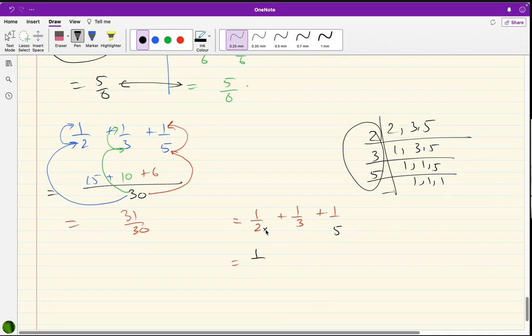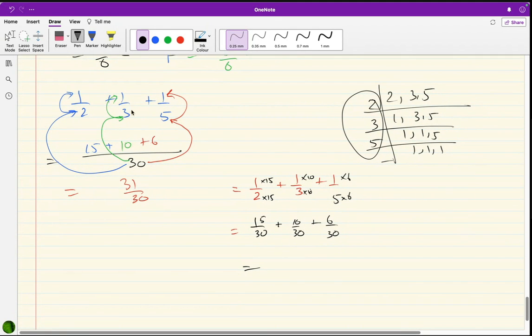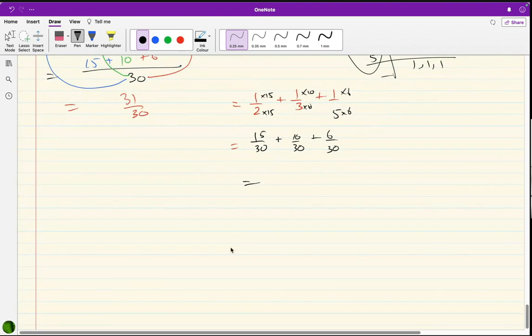So I'll be multiplying this with 15, this with 10, this with 6. That is 15 by 30, 10 by 30, and 6 by 30. So it's always easy to write and think rather than think and then write. What we need to have a strong grip on is the LCM.